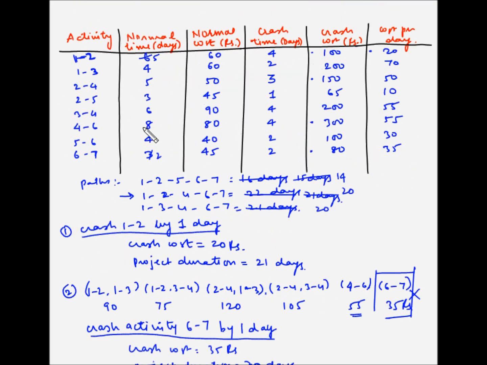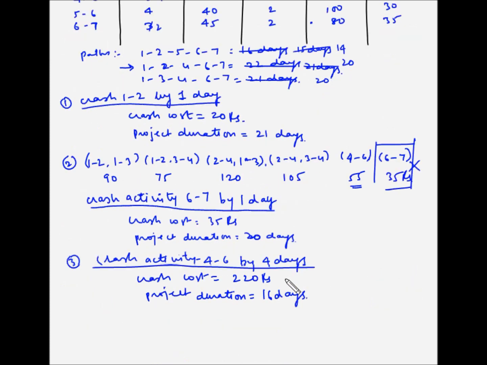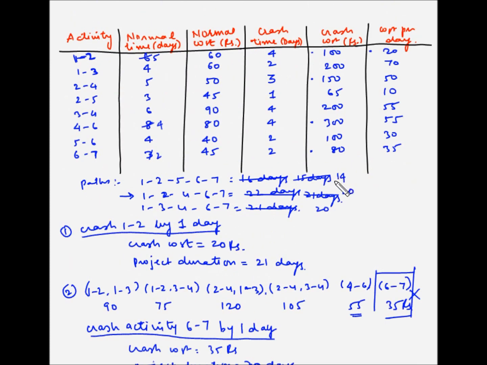So we have crashed this activity and brought it down to 4 days, and our duration of the paths is 14 because 4 6 is not in this path. Now the path 1 2 4 6 7 gets reduced to 16 days, and so does the path 1 3 4 6 7. So this is now reduced to 16 days as well. So this is no longer available.